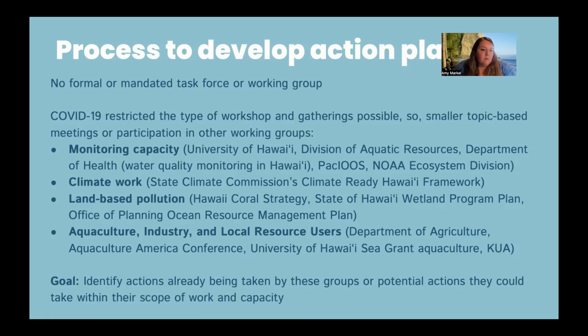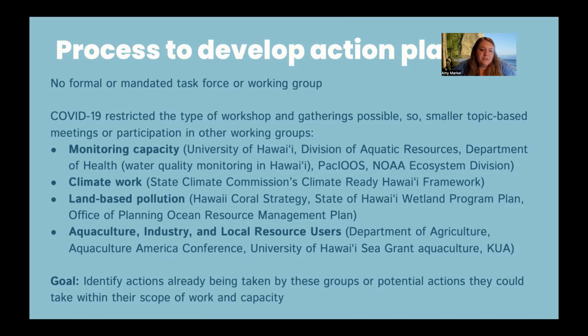And then for our climate work, we worked with the state's climate commission and the Climate Ready Hawaii framework and had our goals approved by the state climate commission and continue to work with them. For land-based pollution, we hopped on the working groups for Hawaii's coral reef strategy, the state of Hawaii program plan, and office planning.